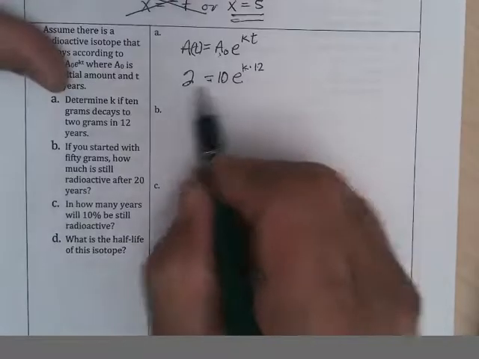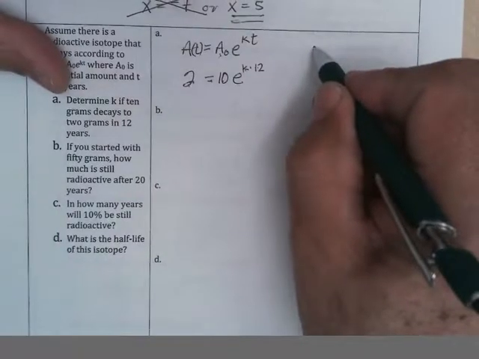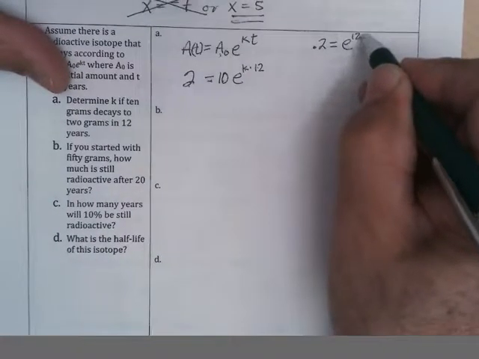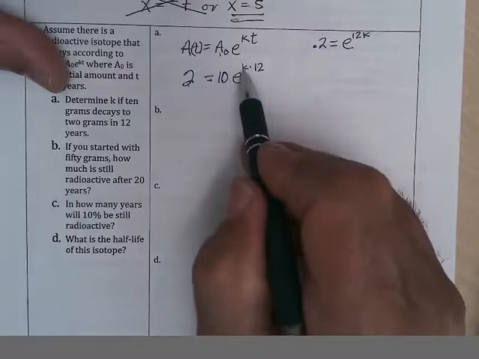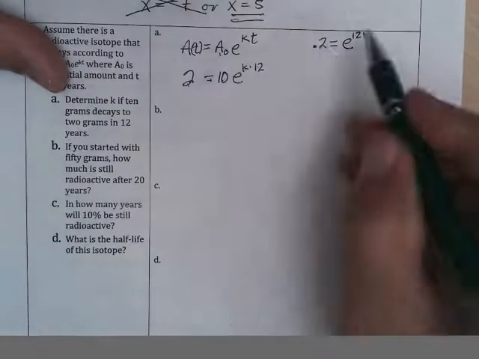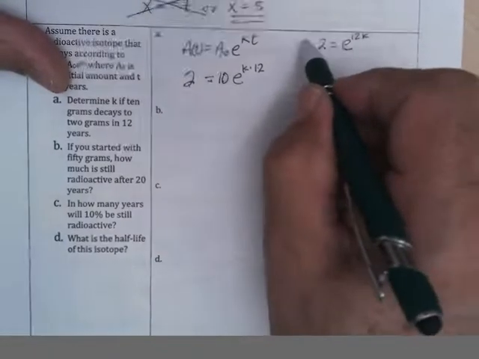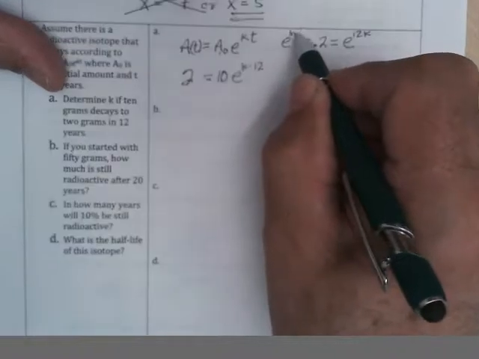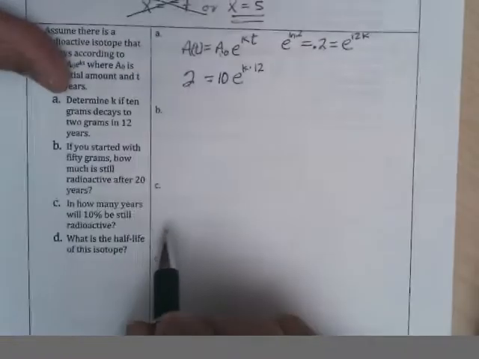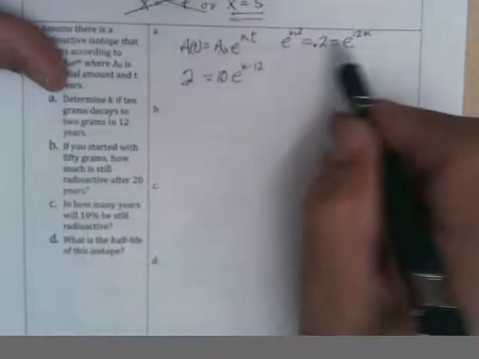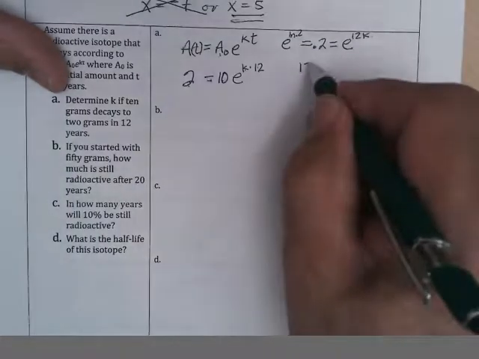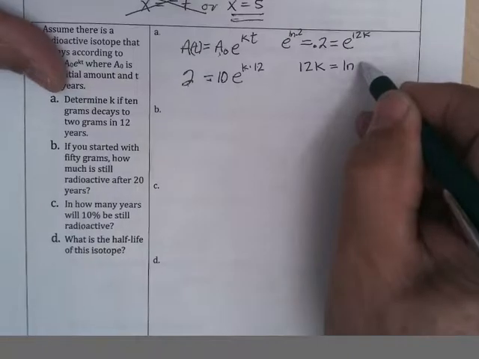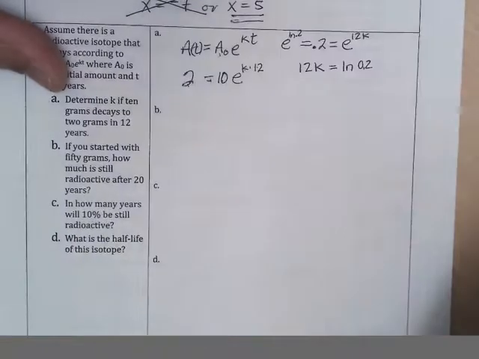Starting amount ends up being 2. So to solve this, we divide by 10, and we get 0.2 equals e to the 12k. 12 times k, 12k. So if we write this in the same base, this would be e to the ln 0.2. So 12k has to be ln of 0.2.